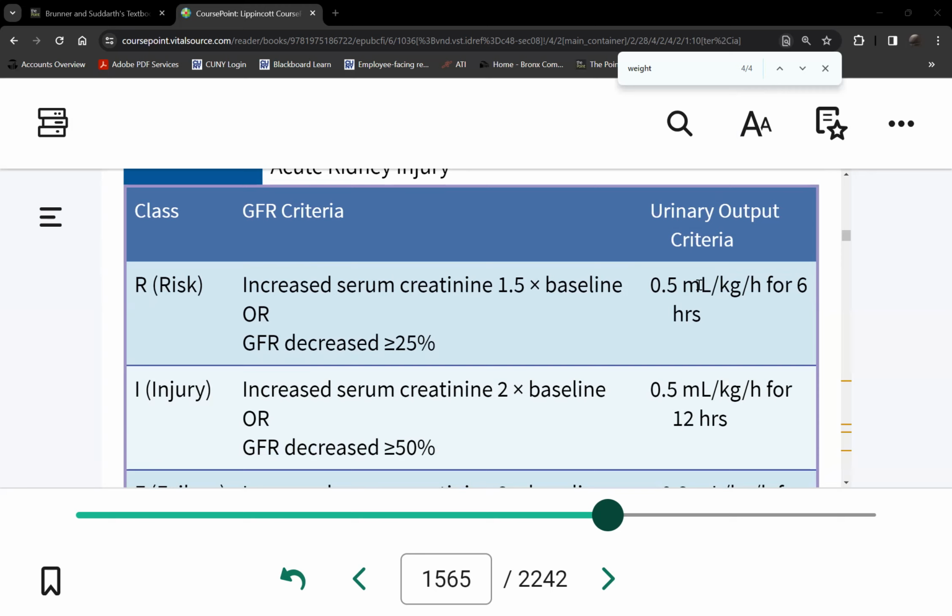Meaning, in an acute patient, meaning a hospitalized patient, we can't use a GFR. We have to base it on the hourly urinary output. You follow? Yes. Whereas if, let's say this is an outpatient scenario, let's say you're seeing the patient in a clinic, we will look at the GFR because that's a more accurate measure. Do you understand the difference between the two? Okay, because the urinary output will always be whatever the patient's urinary output is. So the GFR becomes less reliable in an acutely ill patient. Do you follow? All right.